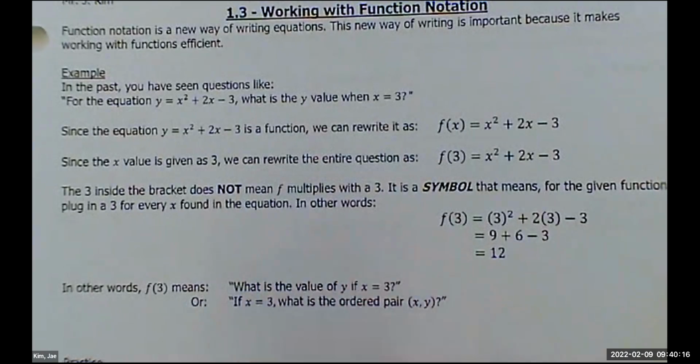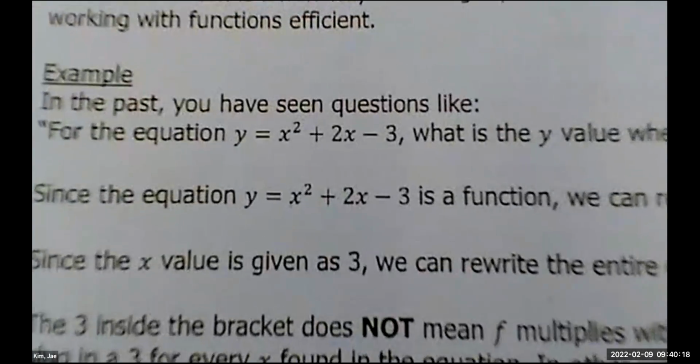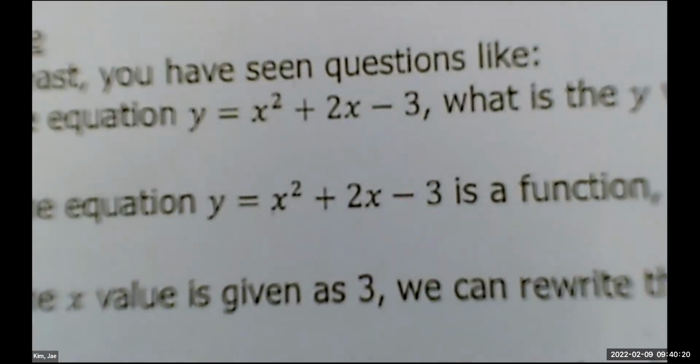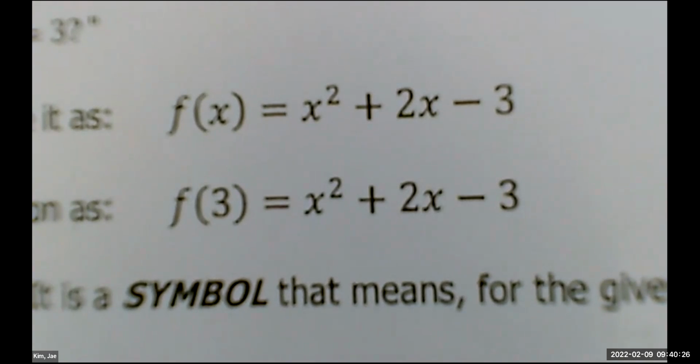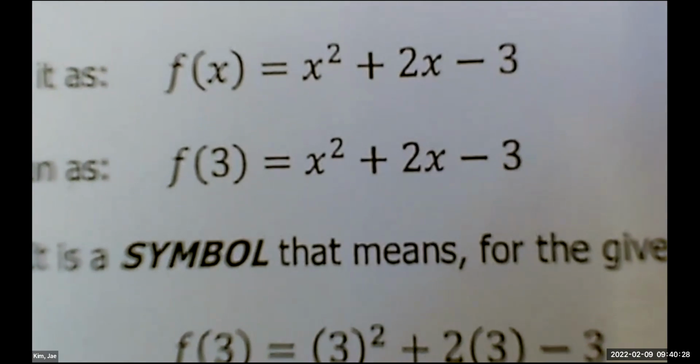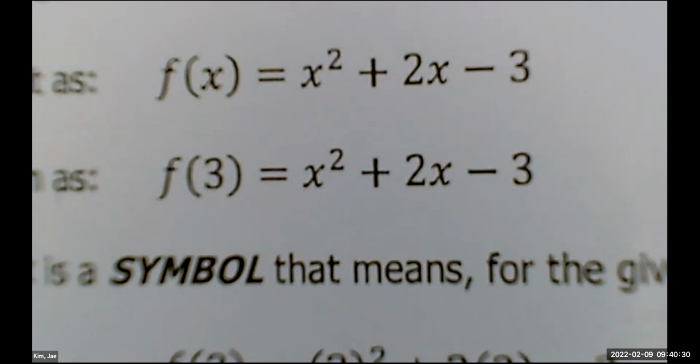In short, if you're given an equation like this, y equals x squared plus 2x minus 3, we can rewrite it as f of x equals x squared plus 2x minus 3. Why is that useful? It's very easy to communicate certain calculations that we want to do.